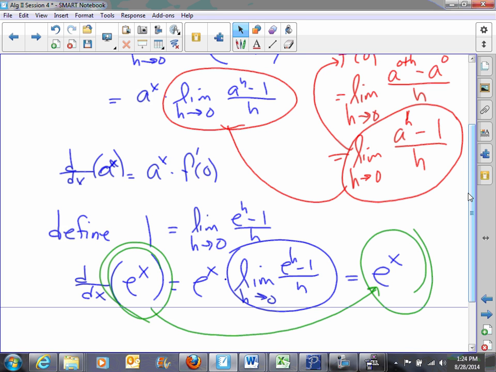So e to the x is the function that is its own slope. E to the x is the exponential function that is growing exactly at the rate of the amount that is present at any particular time. That will take some meditating to kind of get used to. But that's going to be a very, very important concept as we move on.